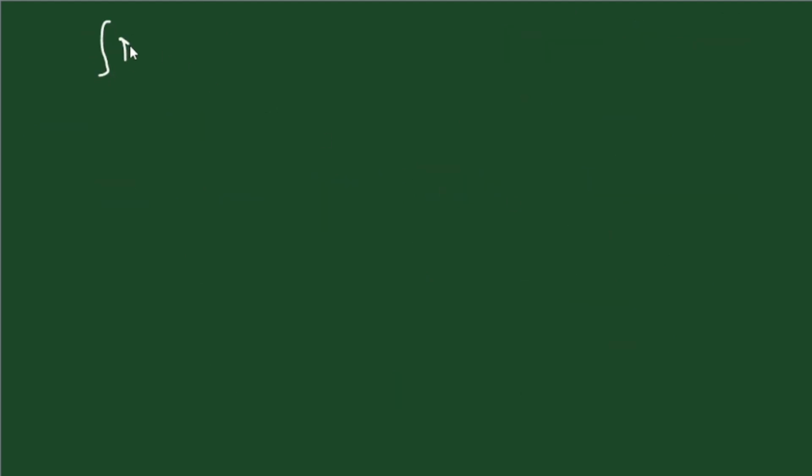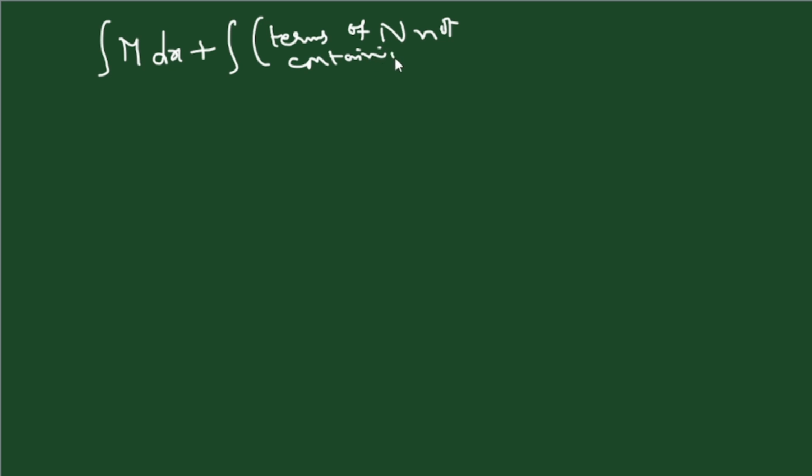It is integral m dx plus integral terms of n not containing x, dy equal to c. Here y is kept to be constant throughout this integration. So here y is constant.